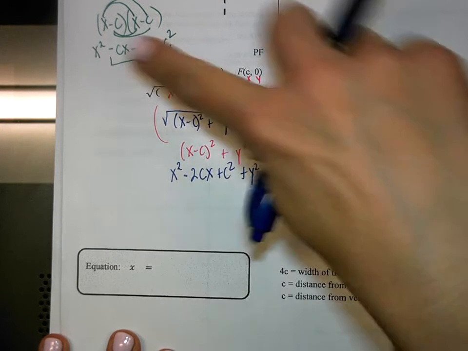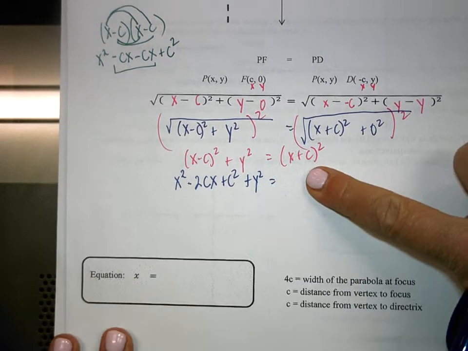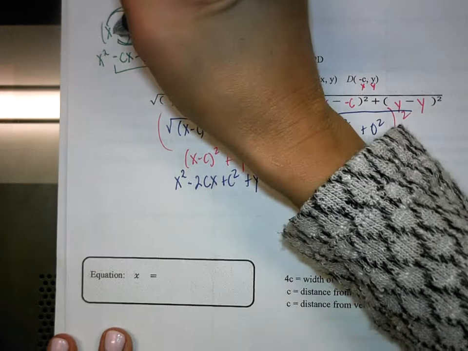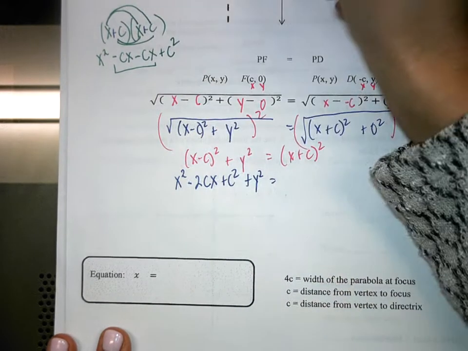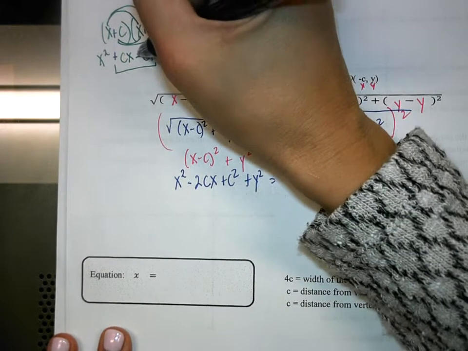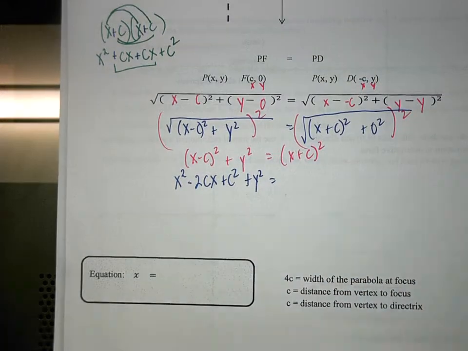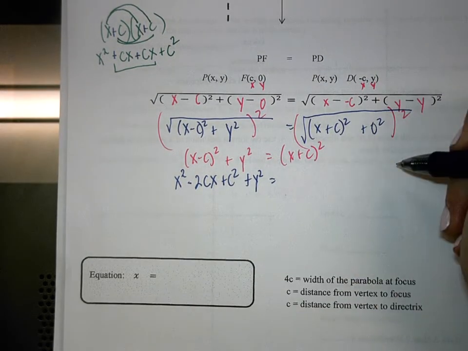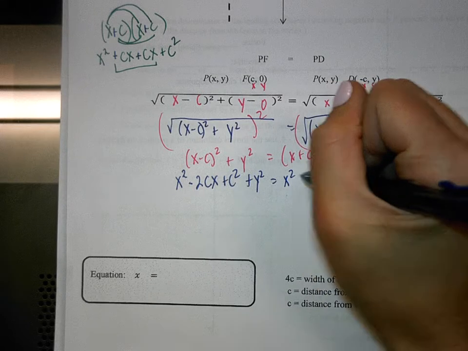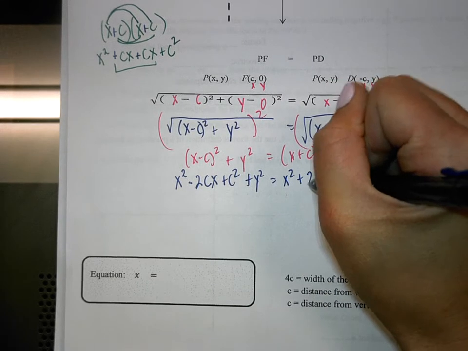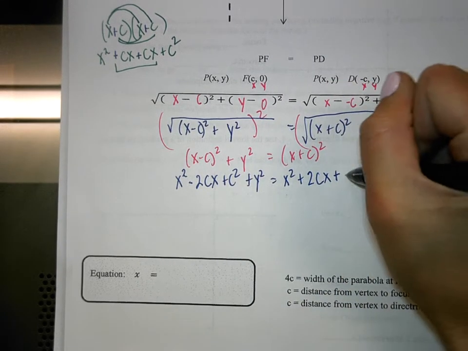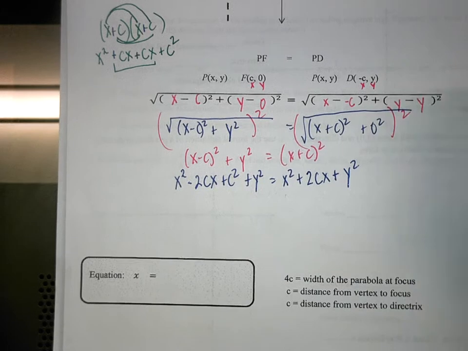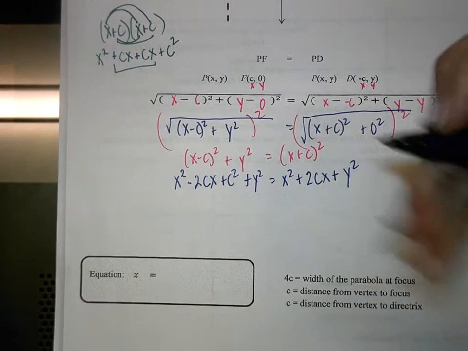Now, based on what I just did, for x plus c, both of these would be positives. So what would this multiply out to be? X squared plus 2cx. Good. Plus c squared. Sorry, it is c squared.